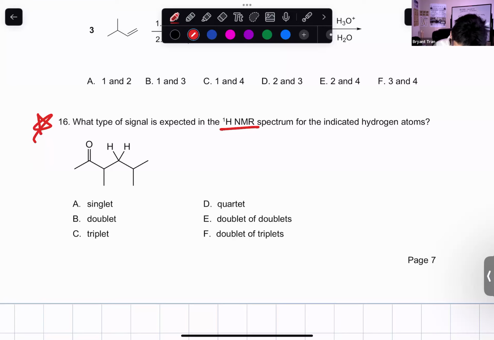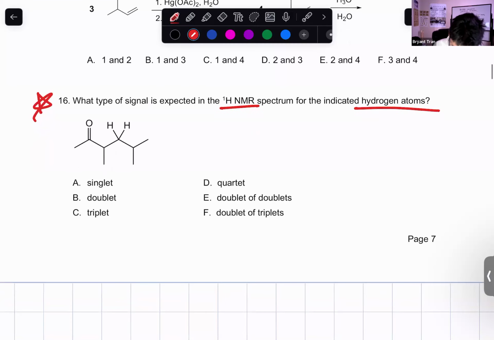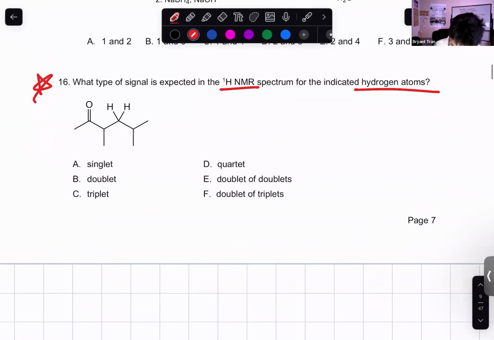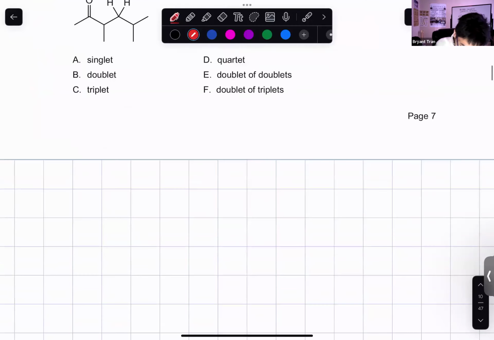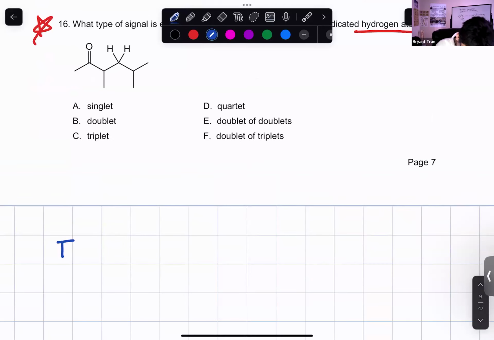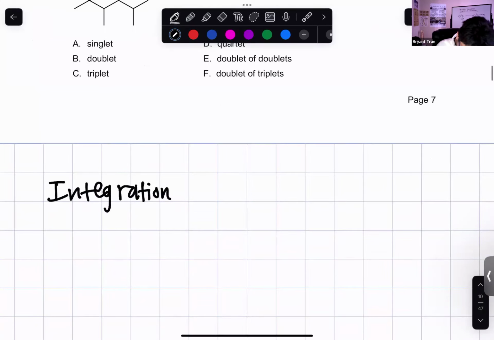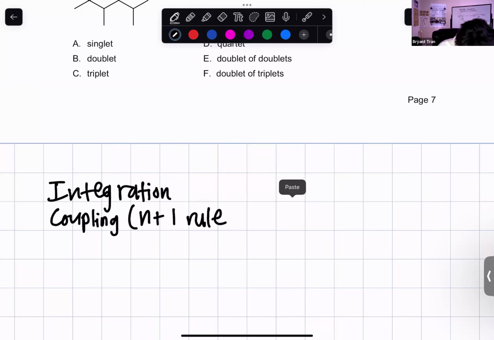What type of signal is expected in the HNMR spectrum for the indicated hydrogen atoms? Okay, so there are different factors for HNMR. There's integration. There's coupling, aka the n+1 rule, or neighbors, how many neighbors a set of hydrogens has.